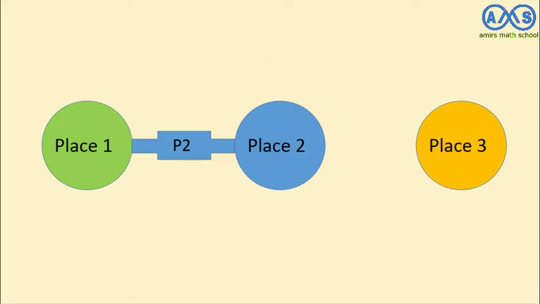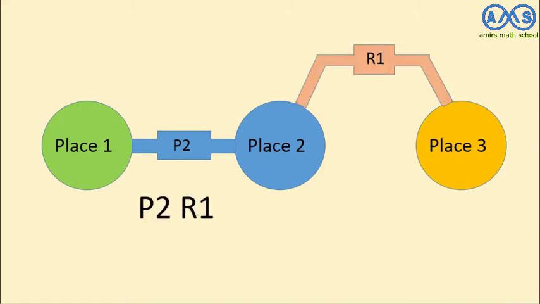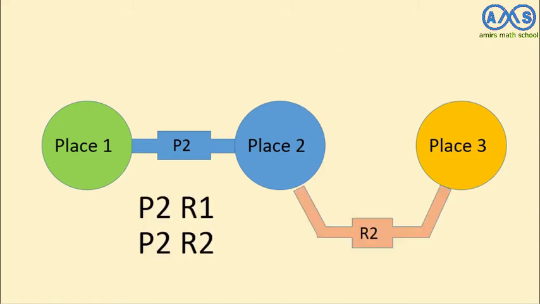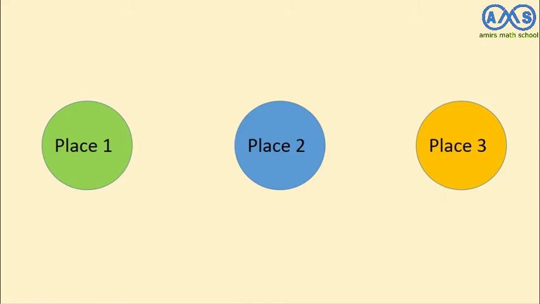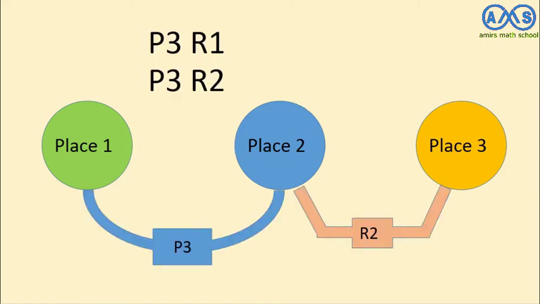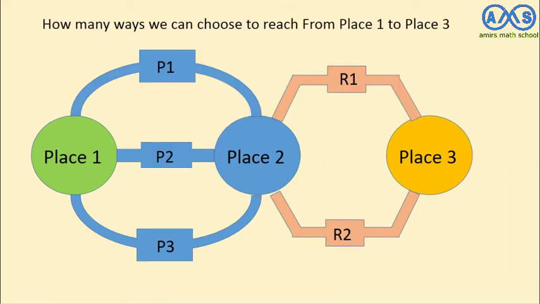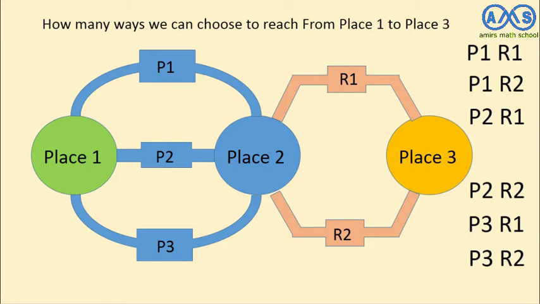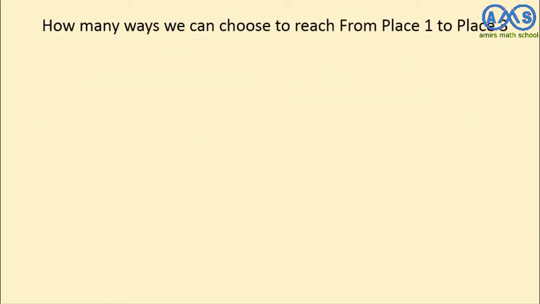Again, we can choose P2 R1, P2 R2, P3 R1 and P3 R2. So we can reach from place 1 to place 3 using these 6 paths. Let's count all the alternative paths to reach from place 1 to place 3.